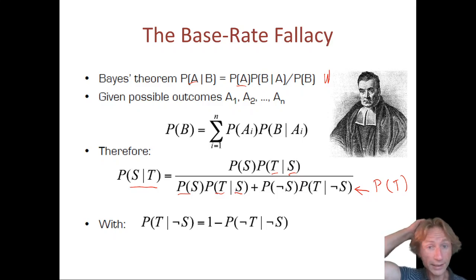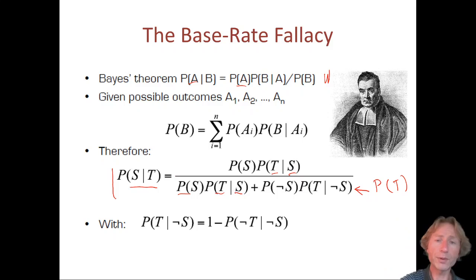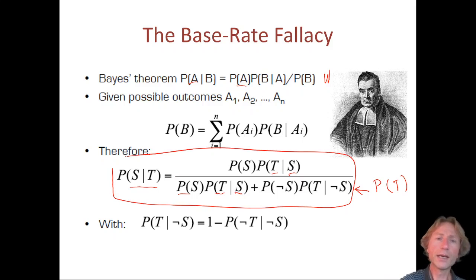So we can fill that in, and then we arrive at this formula here. And then we can substitute for the probability of testing positively, given that we're not sick, 1 minus the probability that we do not test positively, given that we're not sick. And we know this term here, which was 0.99.